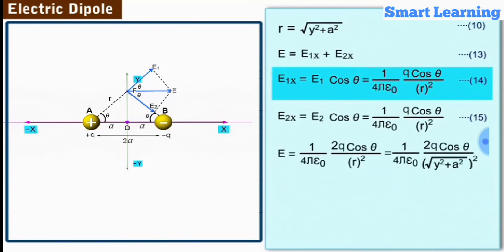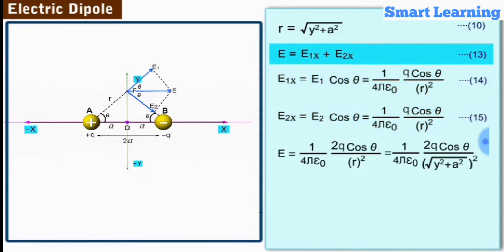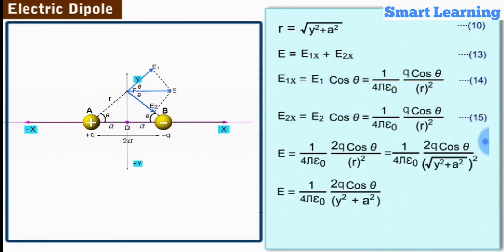Substituting equations 14 and 15 in equation 13 and simplifying, we get the magnitude of the electric field at point F. E is equal to 1 by 4 pi epsilon naught into 2q cos theta by y square plus a square. Let us label it as equation 16.